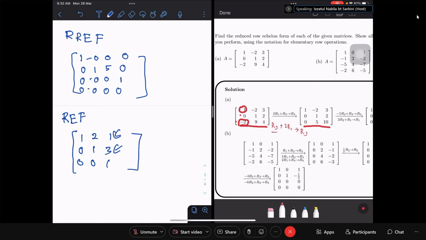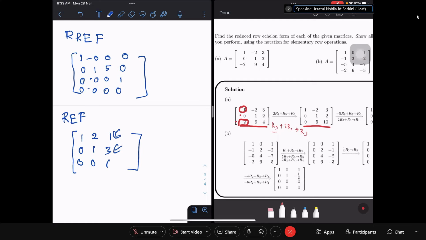But it depends on you which one you are more comfortable with. Because for me, I accept both lah. I accept both as long as the operations are the same. As please bear in mind, do not put any scalar multiplications in front of the row that you want to change.